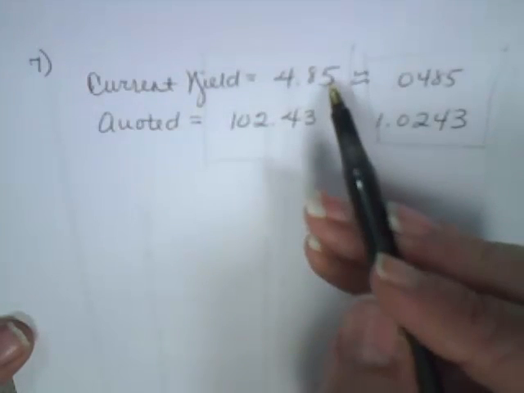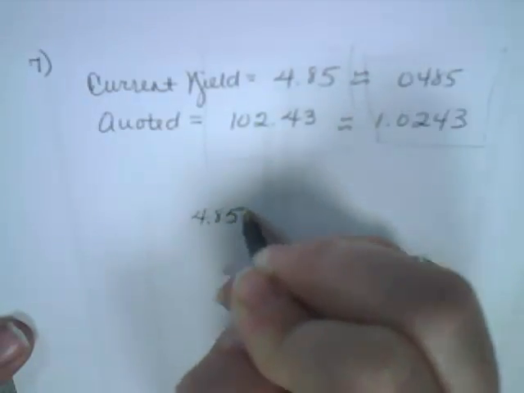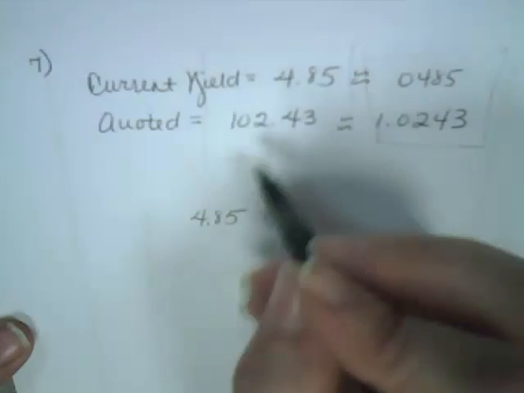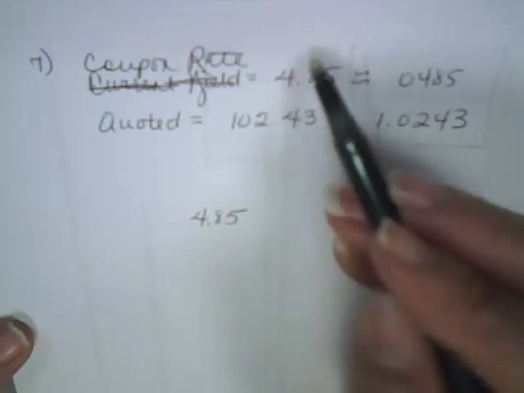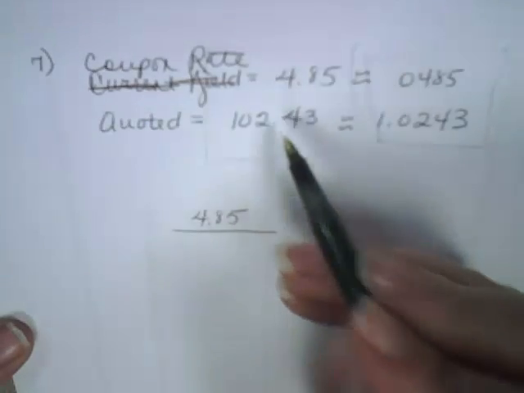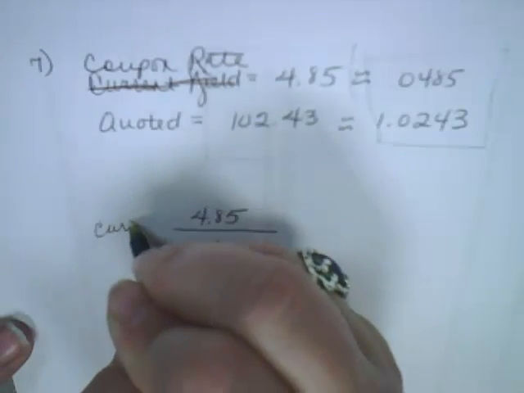We're going to take the 4.85%, which is the coupon. No, I'm sorry, this is the coupon rate. We're going to take the coupon rate and divide it by the quote, 102.43, and that's going to give us the current yield.